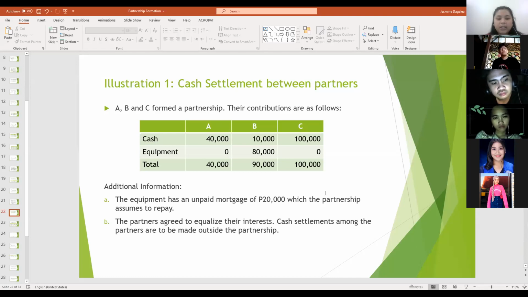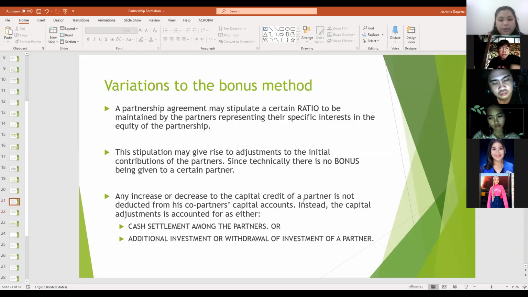The partners agreed to equalize their interests. Cash settlements among the partners are to be made outside the partnership. So, ito yung ginamit niya, cash settlement among the partners. Meaning, yung partners outside the partnership will pay themselves. Kung sino mas malaki, sino yung mas maliit, they will settle it among themselves outside the partnership.